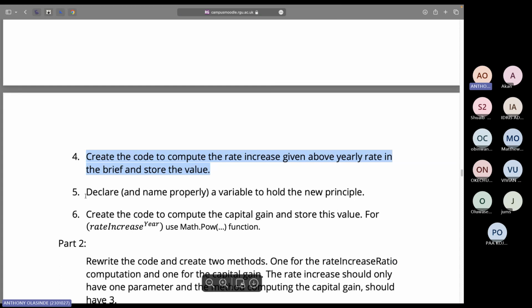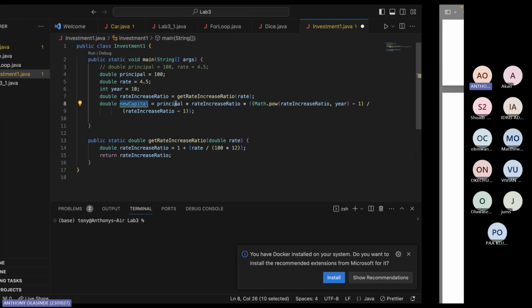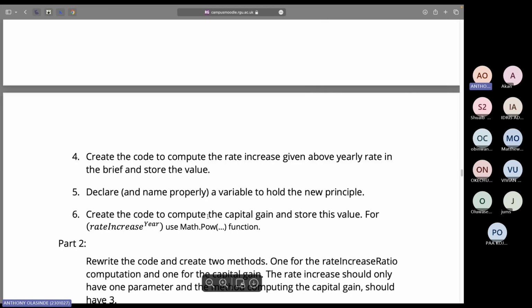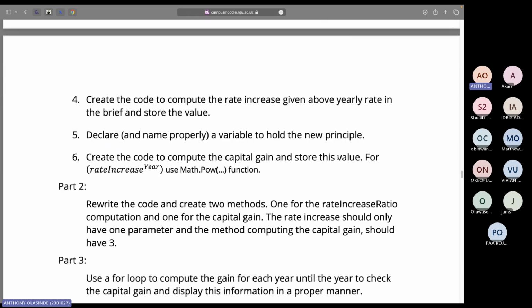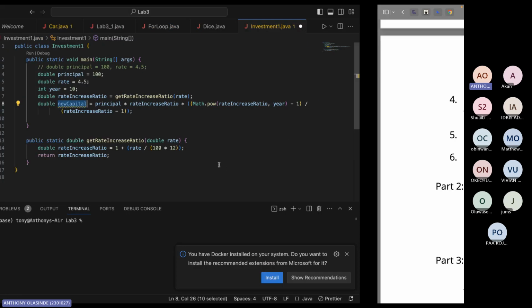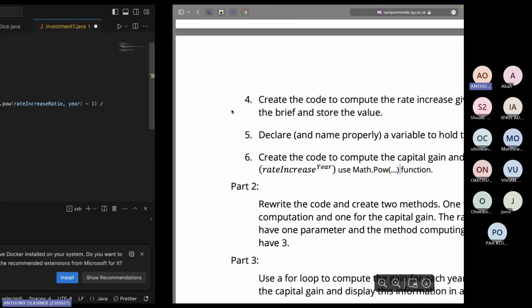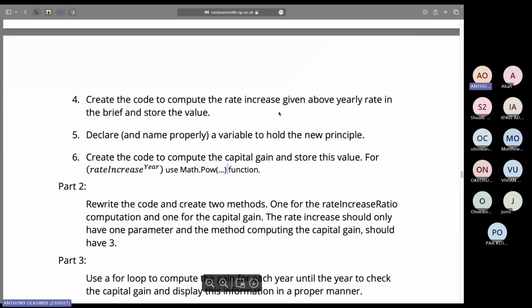Declare and name properly a variable to hold the new principal. So that's new capital. Create the code to compute the capital gain and store the value for rate increase year, use the power function. We've already done this. Let's take it one by one.